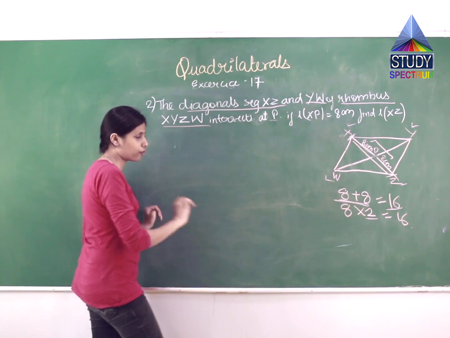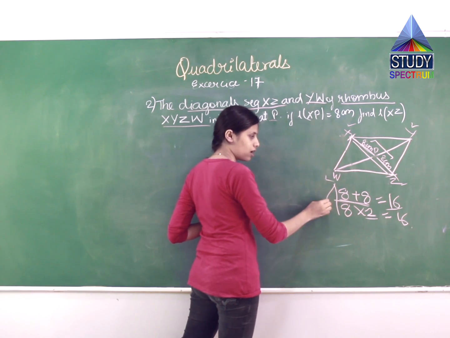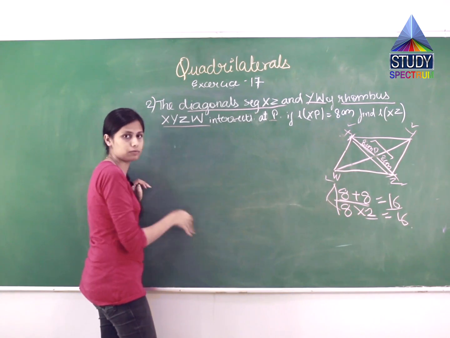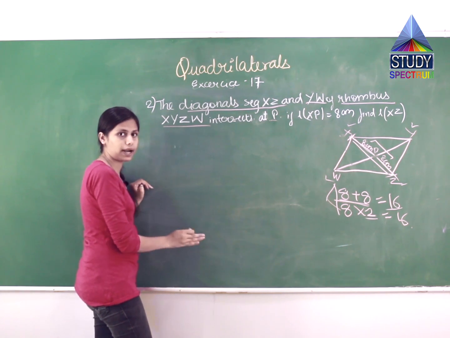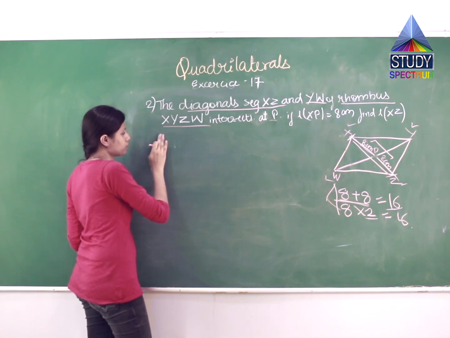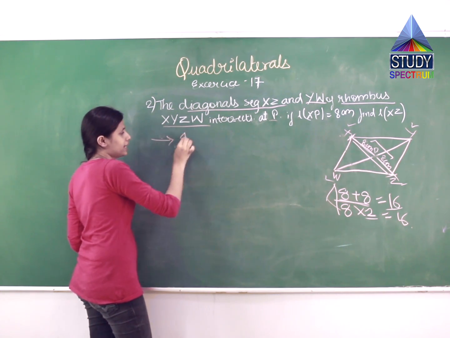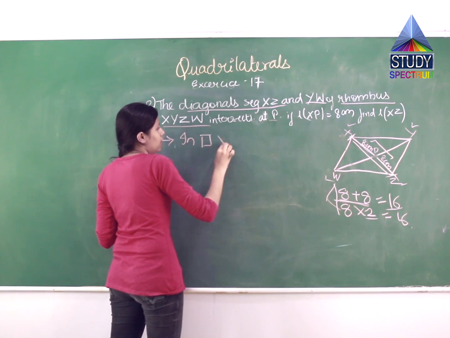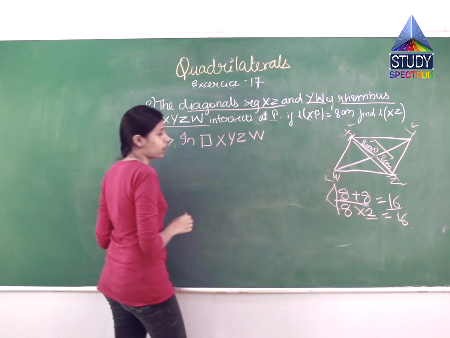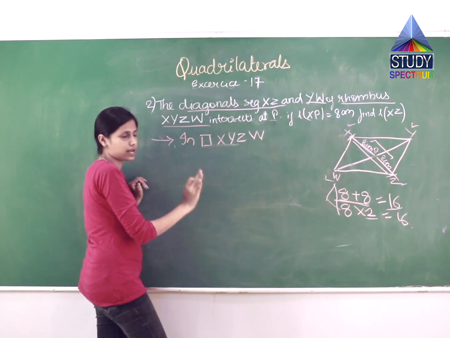And now when you get the answer, you have to present it in a proper format to please the examiner. How to present it, I'll show you. First you have to write quadrilateral XYZW. This is a quadrilateral XYZW.